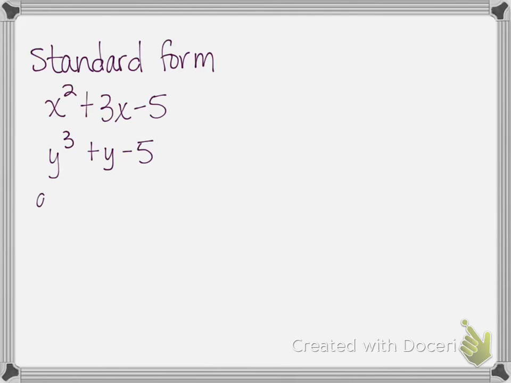We could have a to the 5th minus 5a to the 4th plus 4a cubed minus 2a squared. As long as your exponents are going down, you don't even need to have every number accounted for. Notice on the middle one I went from 3 to an exponent of 1. But the biggest one comes first, then the next biggest exponent, all the way down.